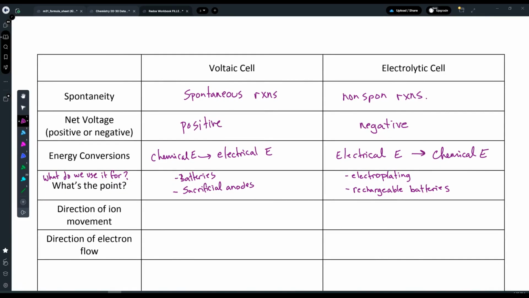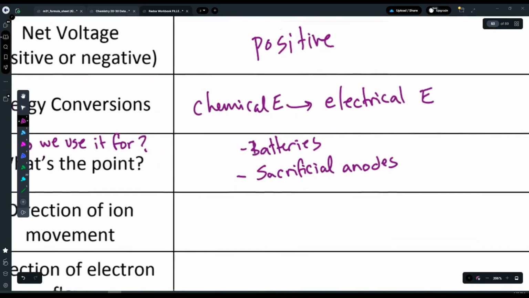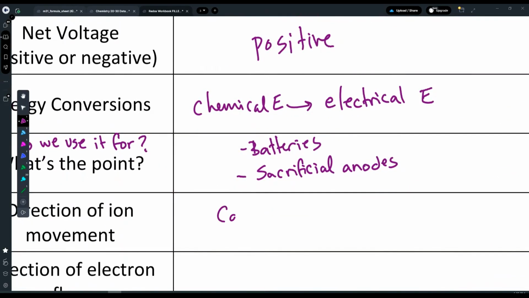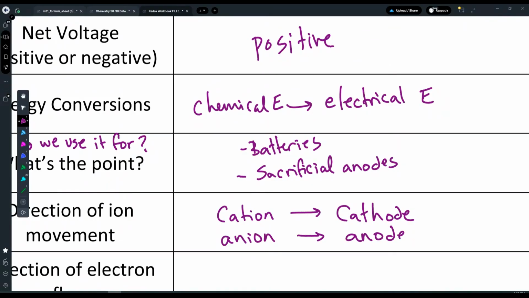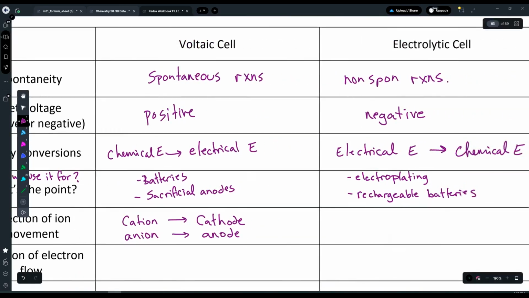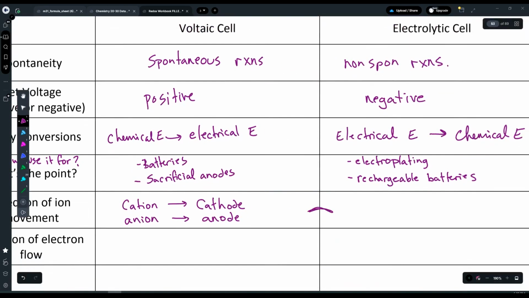So direction of ion movement, for both of them, the cations are going to migrate towards the cathode, and your anions are going to migrate towards the anode for both. Okay, so these are going to be the same.